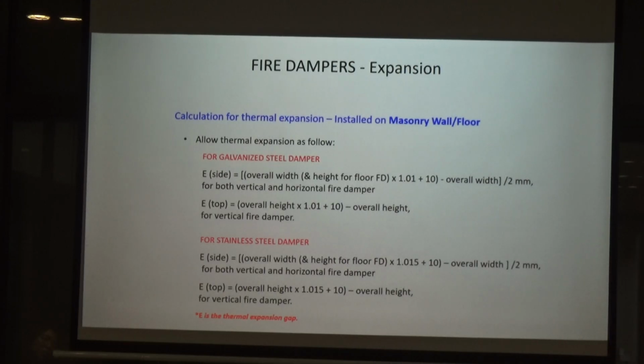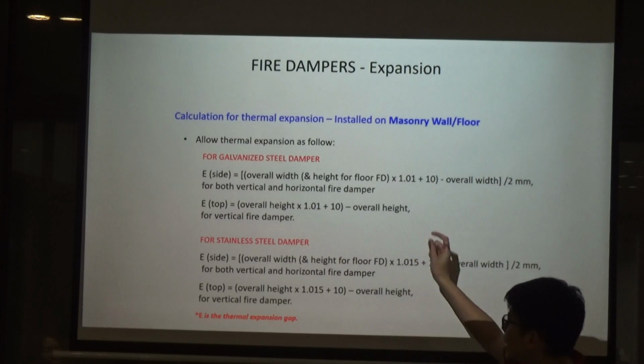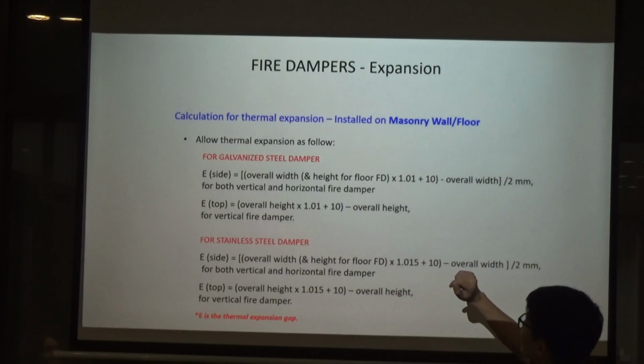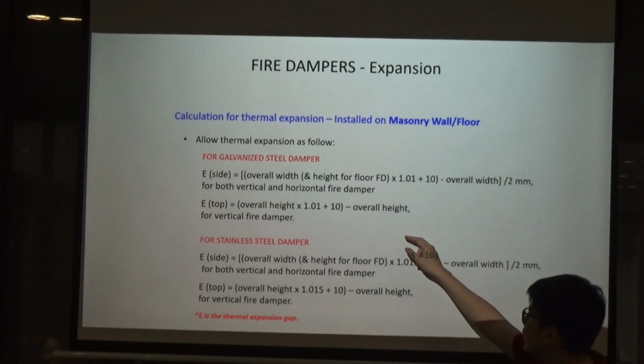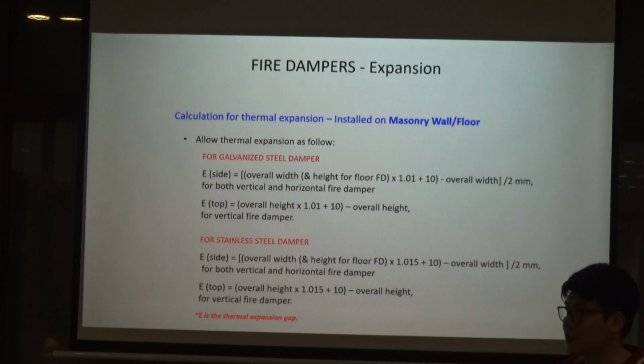So the damper will sit on the insulation. The insulation at the bottom will normally be compressed. Then on the top the gap will be bigger. So that's why for the thermal expansion at the top, for the RC400V damper, we will use this formula without dividing by 2.